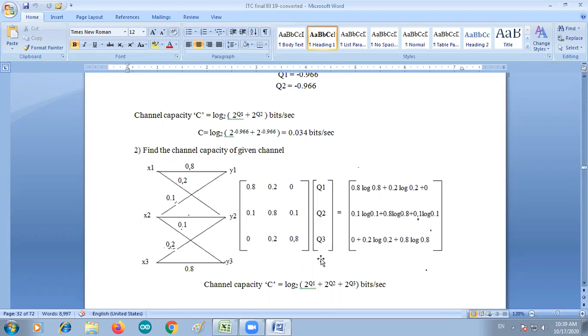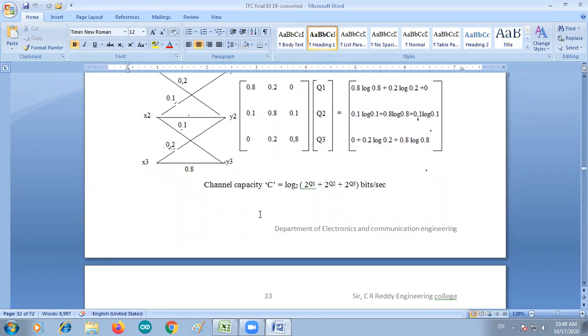The third one is P31 log P31 plus P32 log P32 plus P33 log P33. P31 is 0, plus P32 is 0.2 log 0.2, plus P33 is 0.8 log 0.8. So simply multiply the Q1, Q2, Q3 values with the channel matrix.